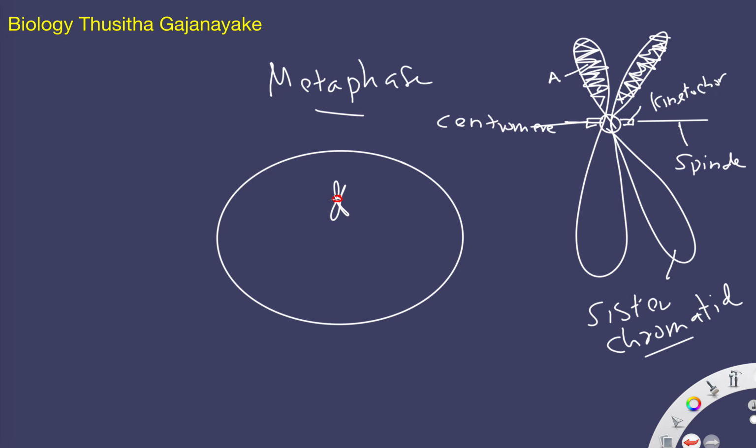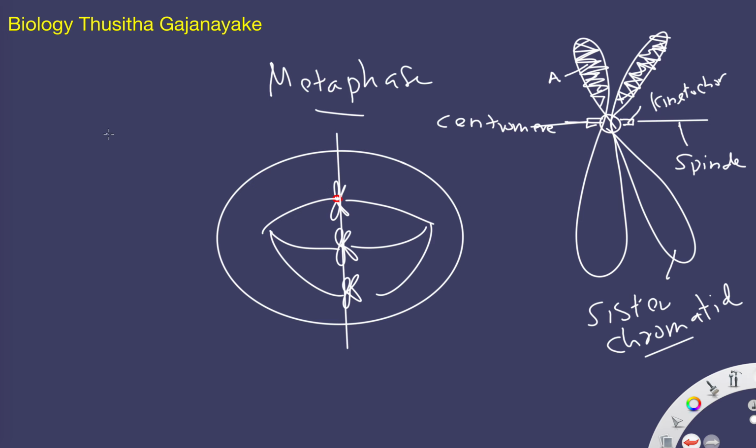So I can show it here in the cell, how another one is going to attach here like this, maybe another one going to attach here. So this is called the metaphase plate or equator, because they align all chromosomes in the middle of the cell's equator. And we can clearly see this kind of appearance during the metaphase.